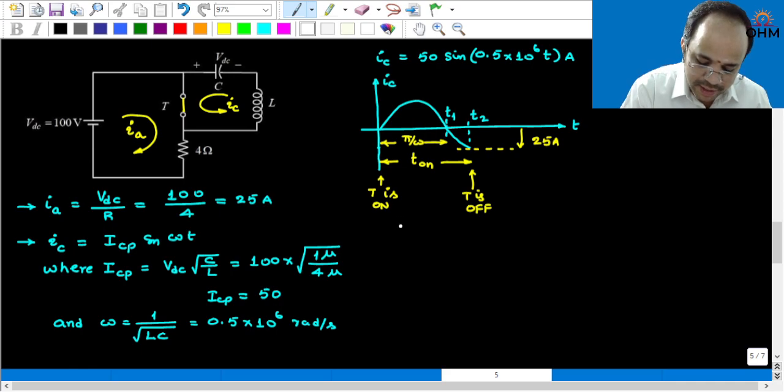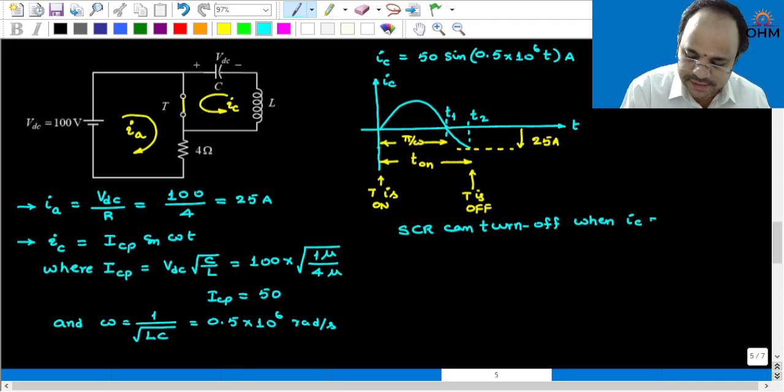Therefore, I can write it like this: the SCR can turn off whenever IC is equal to 25 ampere.